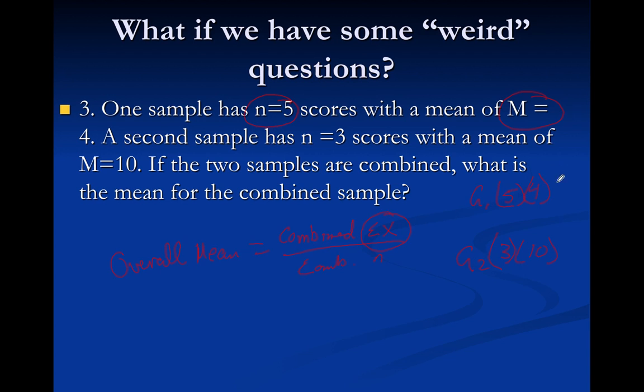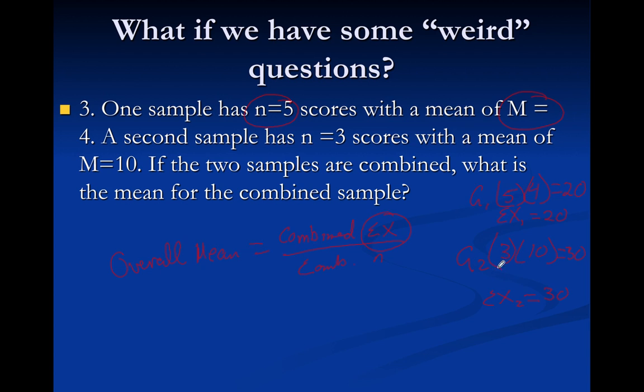So 5 times 4 gives me 20, and 3 times 10 gives me 30. So I now know that the sum of x for group 2 is 30, and the sum of x for group 1 is 20.